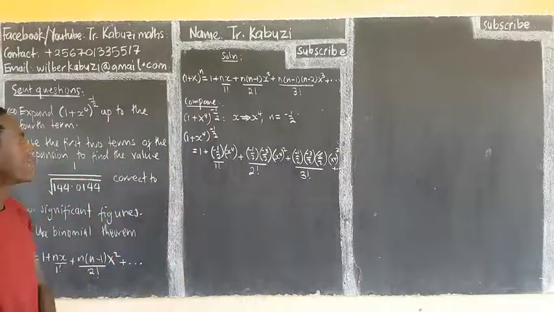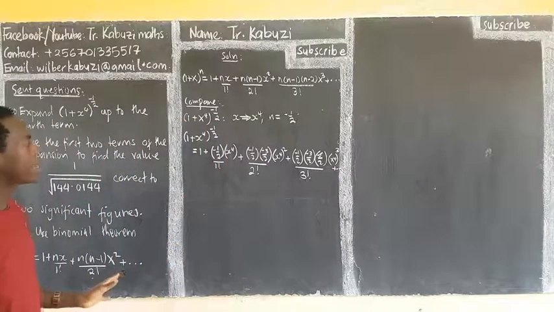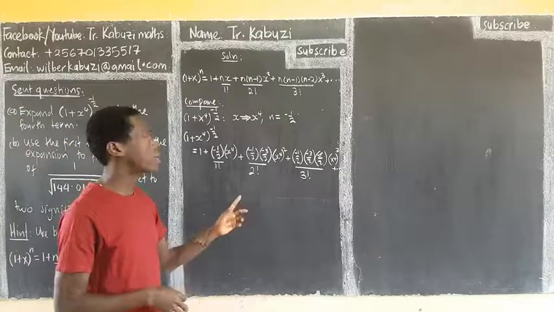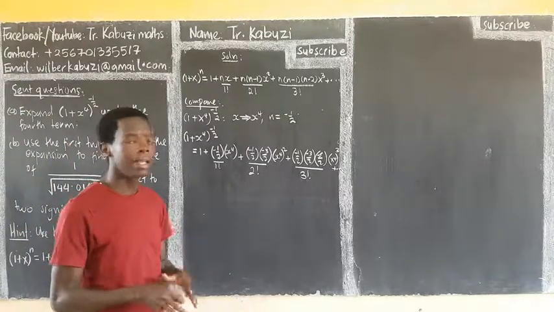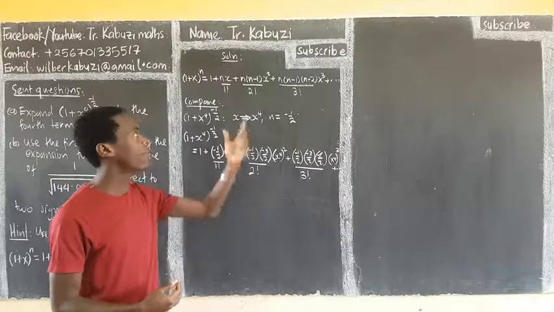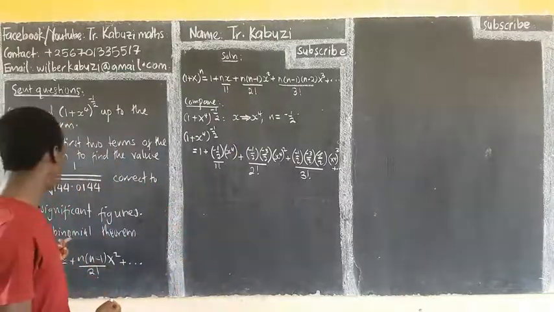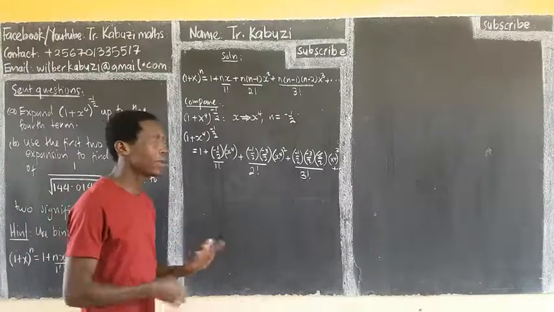So that's how we expand that. As simple as that. We have seen more examples about the binomial theorem. They are there in the past papers, so always go to the past papers and you will find more examples about the use of the binomial theorem.